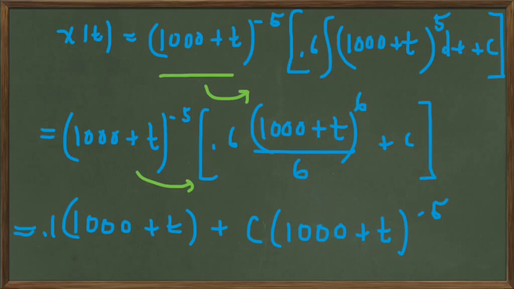So that's our x of t. That's our solution with the c not yet known.